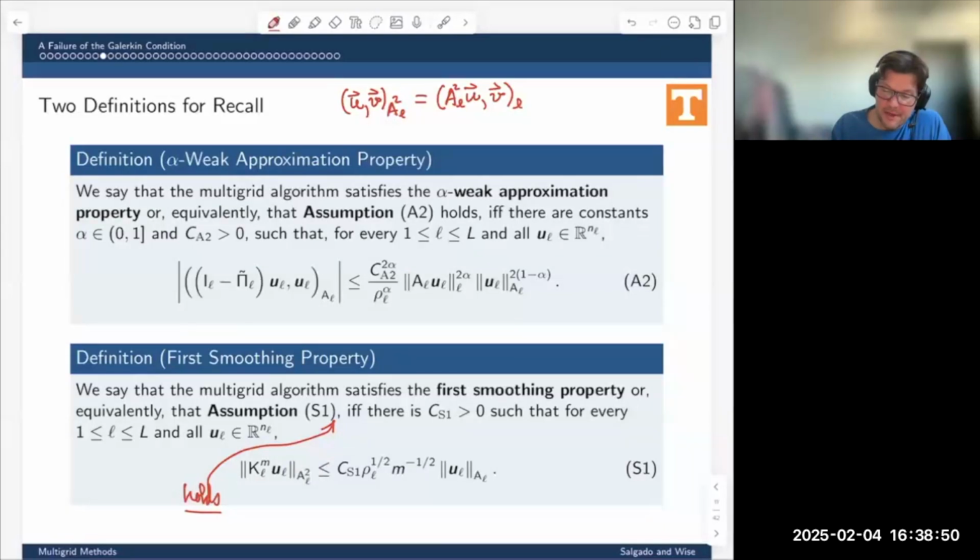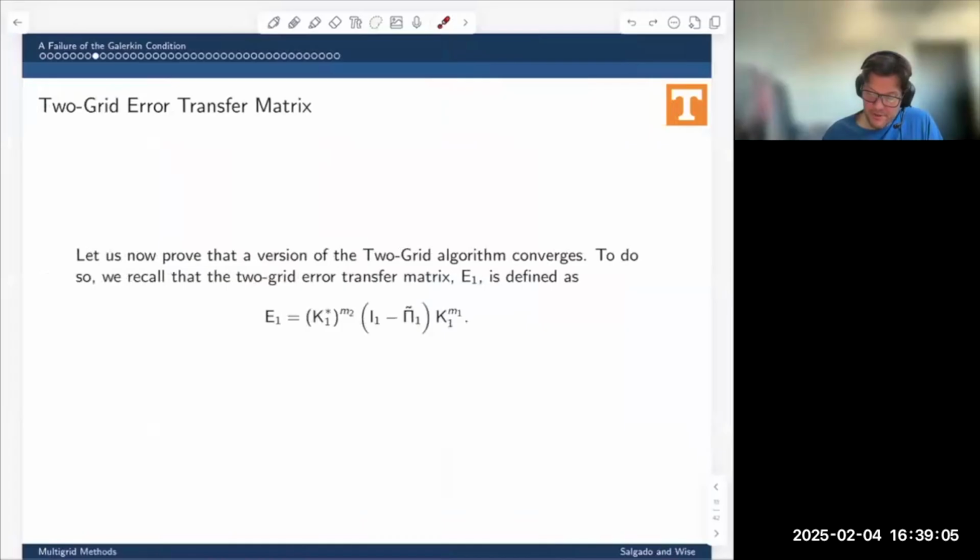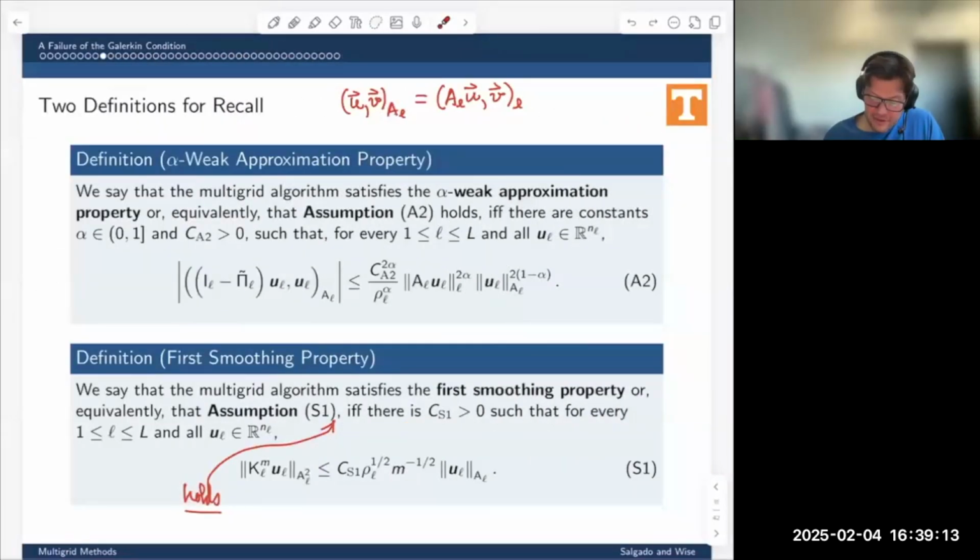If you don't, worry not. We defined that and talked about it a long time ago. What is KLM? It's the error transfer matrix for smoothing, M smoothing iterations in particular.